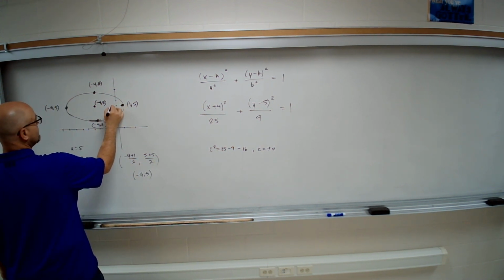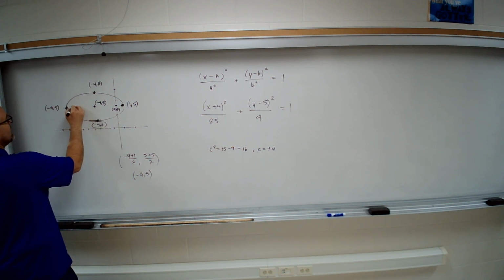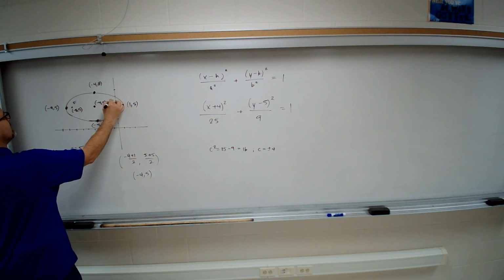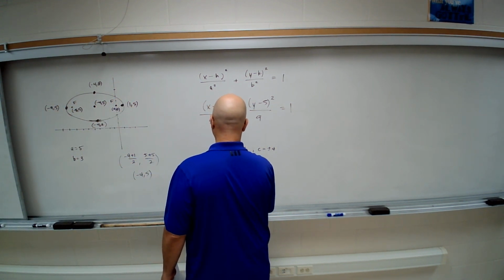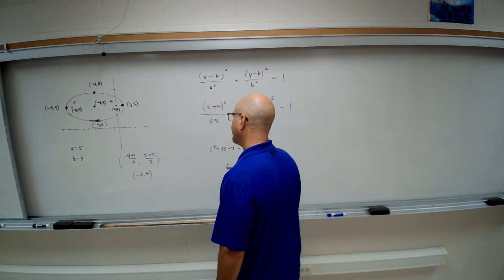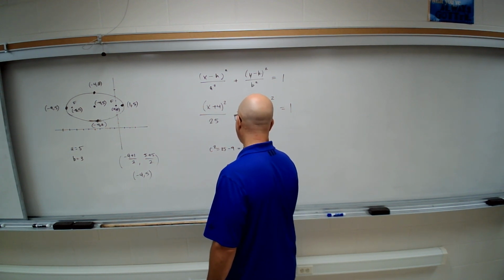So that would be (-4 + 4), which is 0, so (0, 5), and then over here would be (-8, 5) as your focal points.